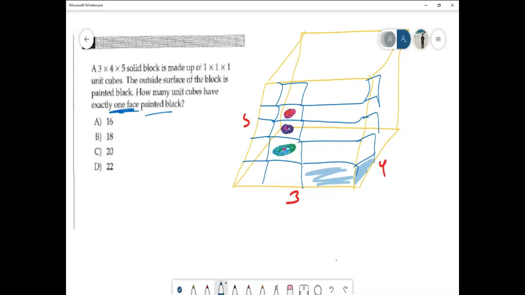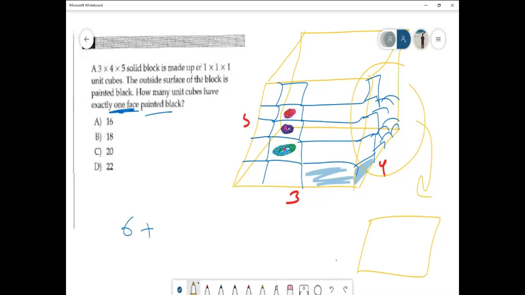Yeah, sure, we can. This question has a lot of ways to solve it. So this is one way. We have 3 one-faced painted blocks here, and 3 on the other side, so that will make it 6 plus, and on this side we have 4 of this.